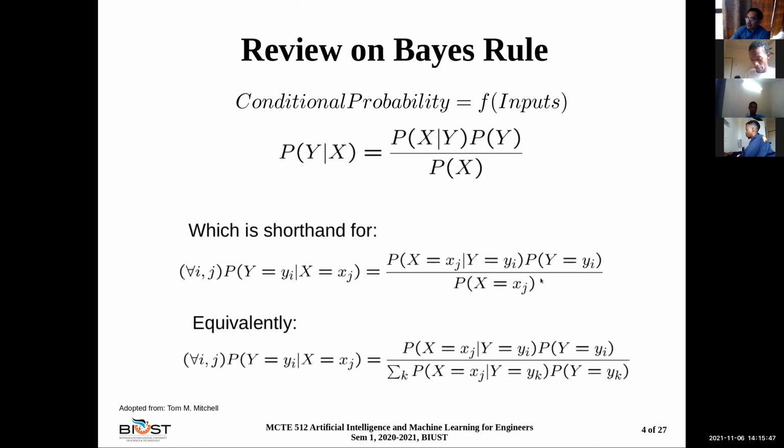And now we have Bayes rule. The third function that we did was Bayes rule. So in Bayes rule, this is the equation. We are saying that we can take the probability of an event y based on a given event x. This is how the formulation of Bayes rule goes.